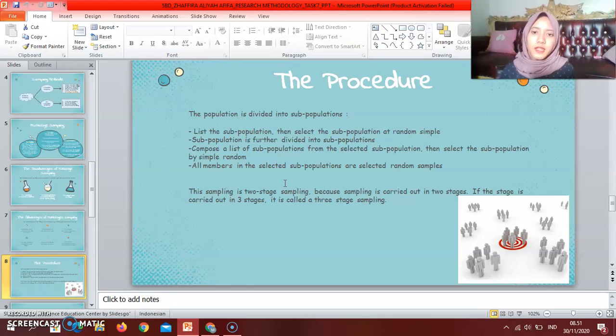Then compose a list of subpopulations from the selected subpopulation, then select the subpopulation by simple random. And last, all members in the selected subpopulations are selected as random samples. This sampling is two-stage sampling because sampling is carried out in 2 stages. If it is carried out in 3 stages, it is called 3-stage sampling.